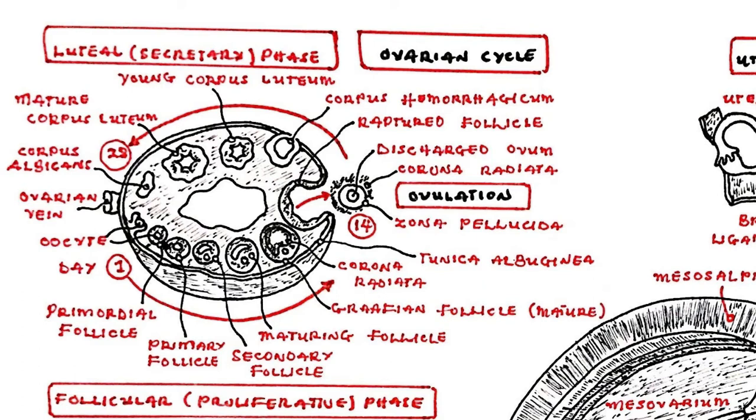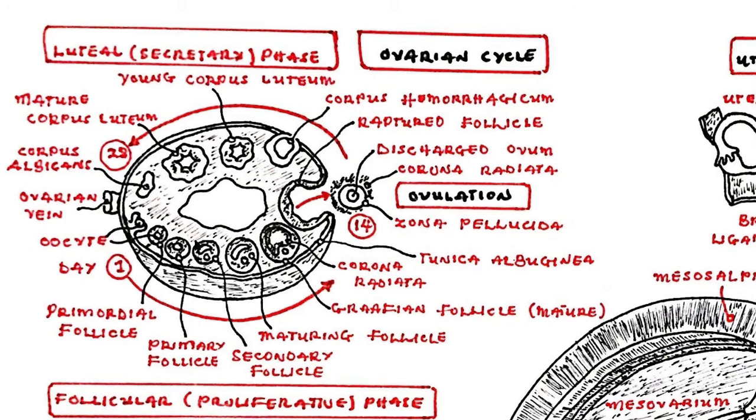Development of an ovum starts with the primordial follicle, which is an oocyte with one layer of follicular cells. The oocyte increases in size and maturity as the follicle cells increase in number around it, forming a primary follicle. In secondary follicles, a small cavity known as the antrum appears.